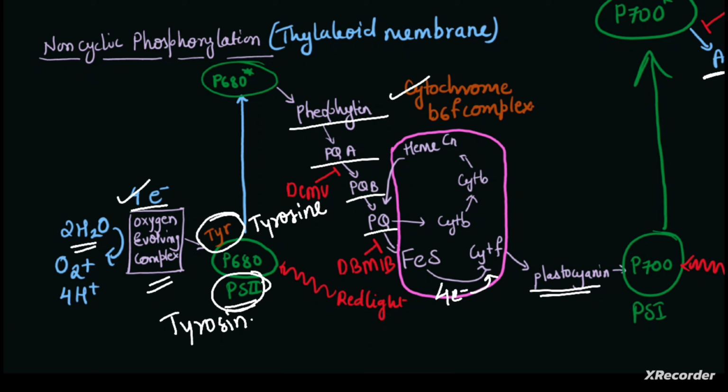This whole complex is cytochrome b6f. Then it will pass those electrons to cytochrome f. Now just forget this particular part because it is a part of the Q cycle, which we'll be looking at later.